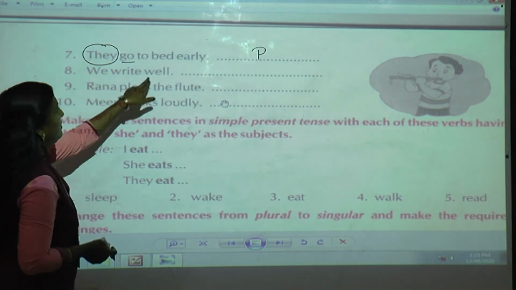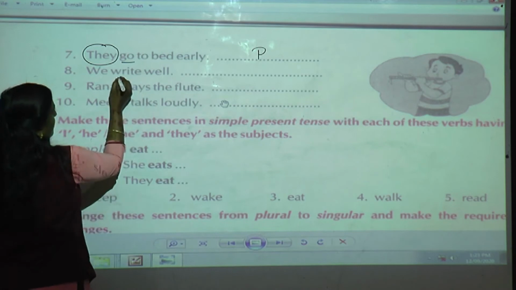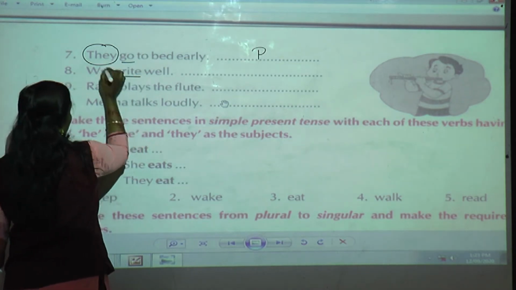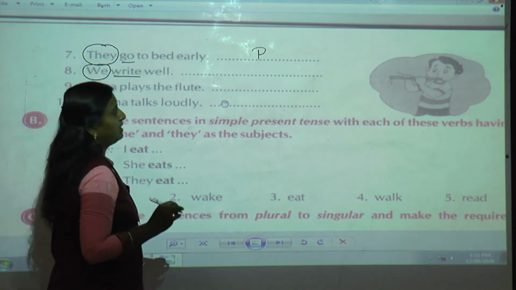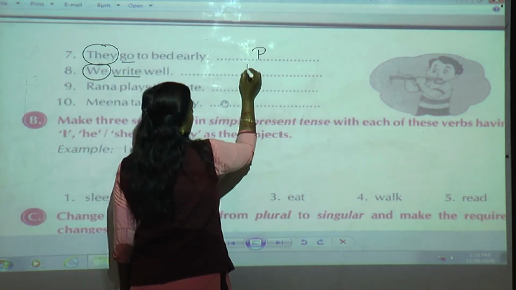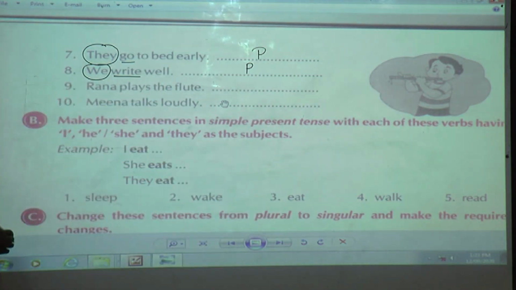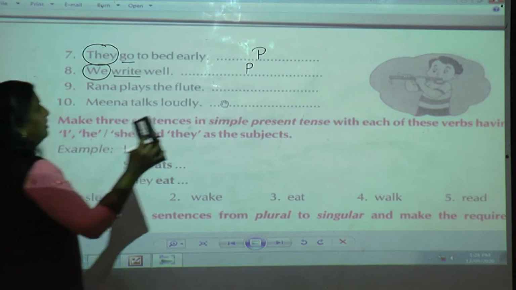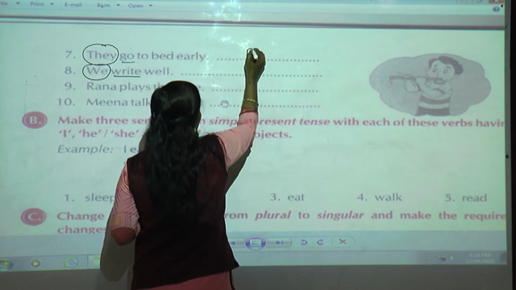We write well. Again I will repeat, we write well. What is the verb over here? Yes, write. What is the subject? We. So what is we, singular or plural? Exactly, it is plural. Rana plays the flute.